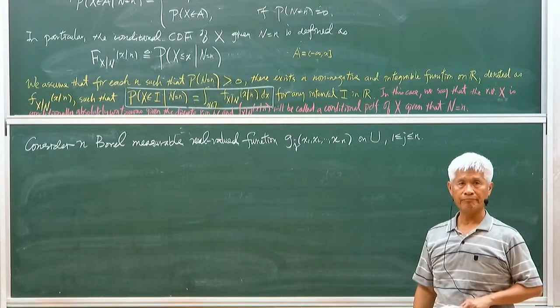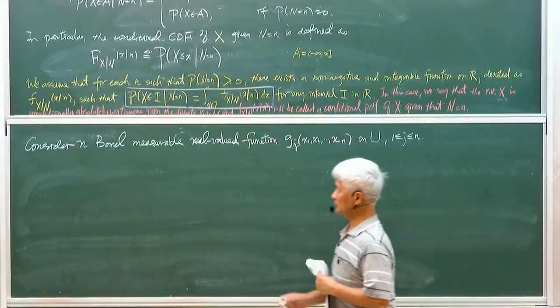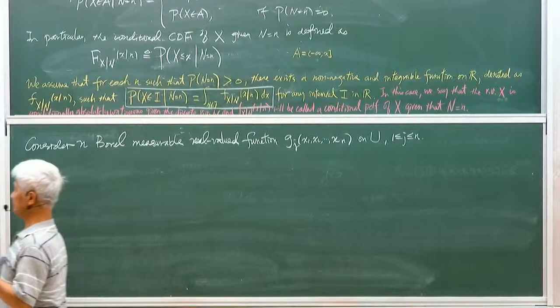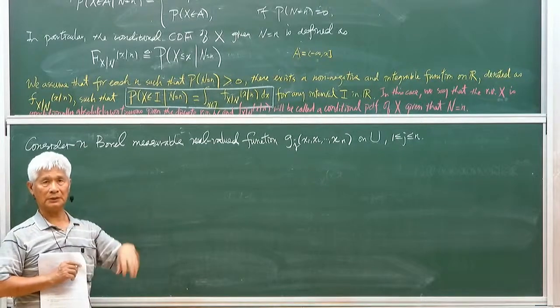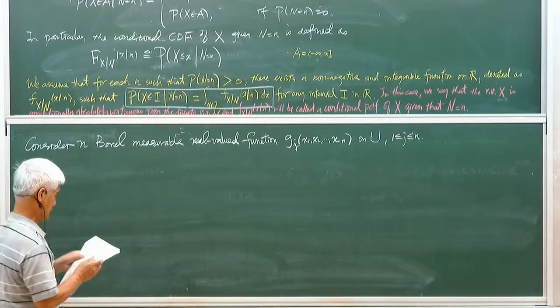So suppose we have n random variables. They are jointly absolutely continuous. And suppose we have n Borel measurable real valued functions.